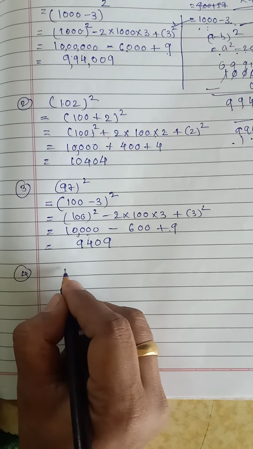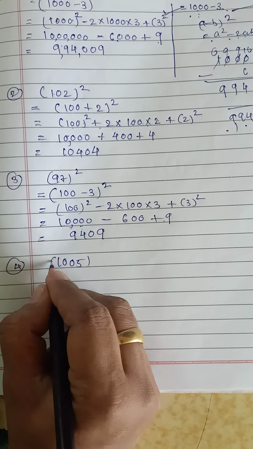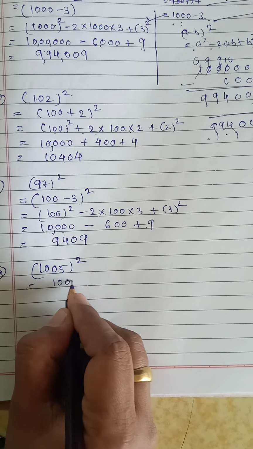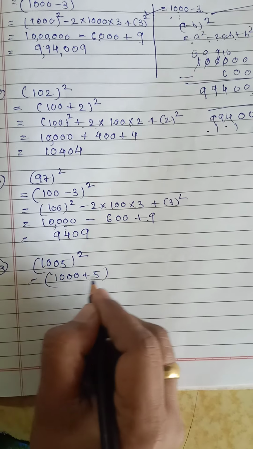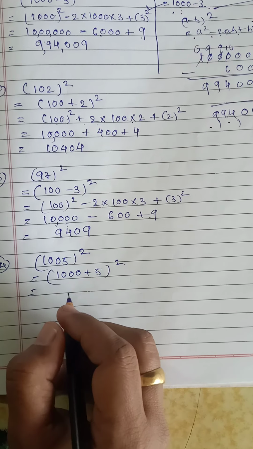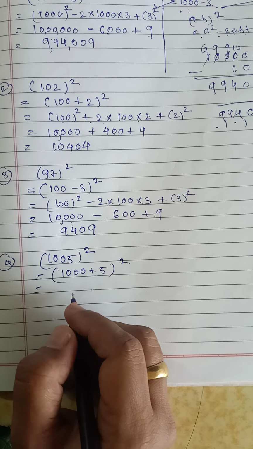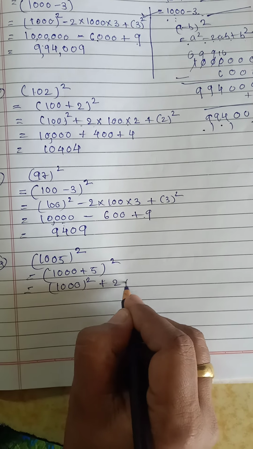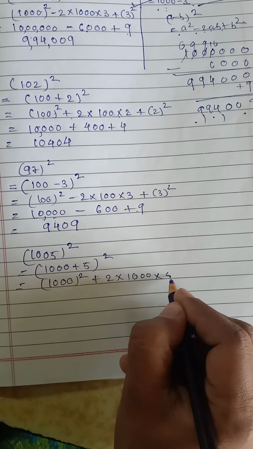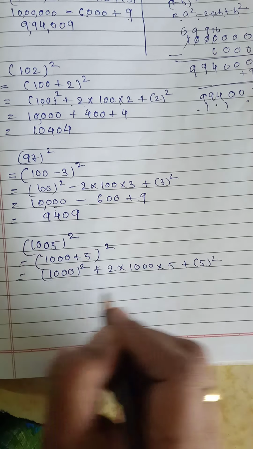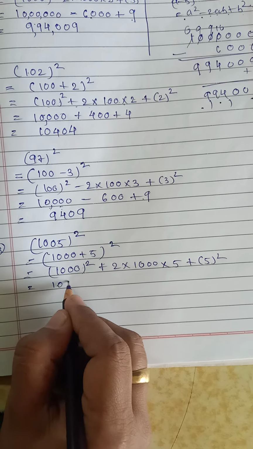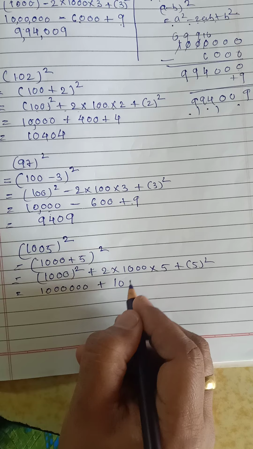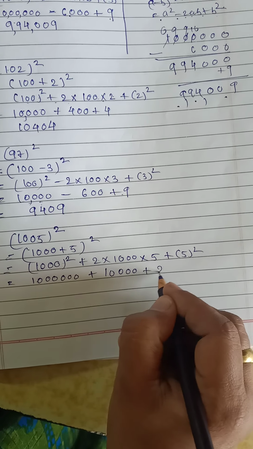Fourth sum: 1005 the whole square. We'll write it as 1000 plus 5. So the first term is 1000 and the second term is 5. So this is first term square plus 2 into first term into second term plus second term square. 1000 has 3 zeros, so here 6 zeros will come, plus 2 5s are 10 and these 3 zeros, plus 25.